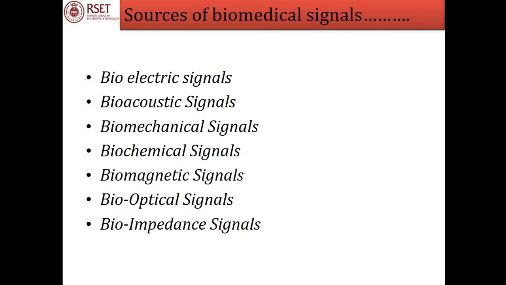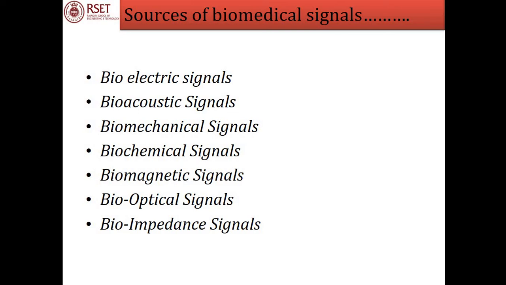Then we may have bioacoustic signals, which are created by the sound due to the flow of the blood in the heart through the heart's valves, or the flow of air through the upper and lower airways and in the lungs, etc.